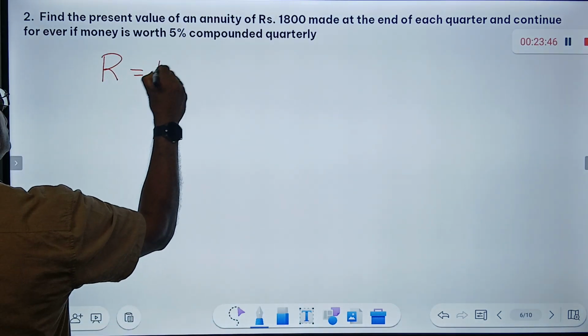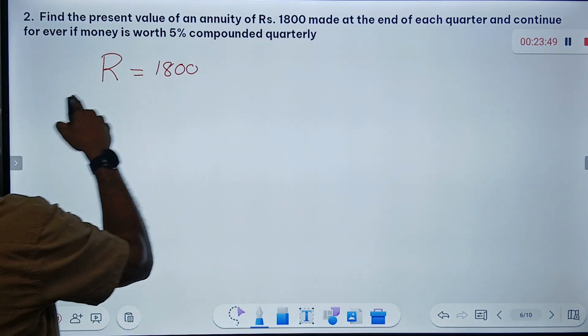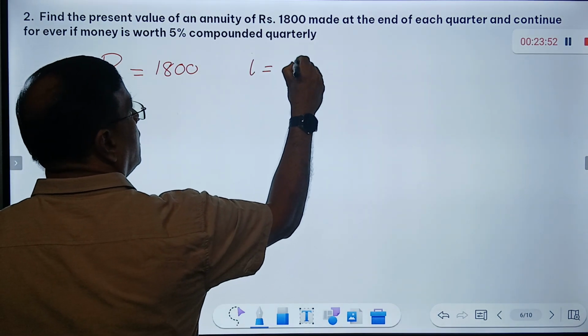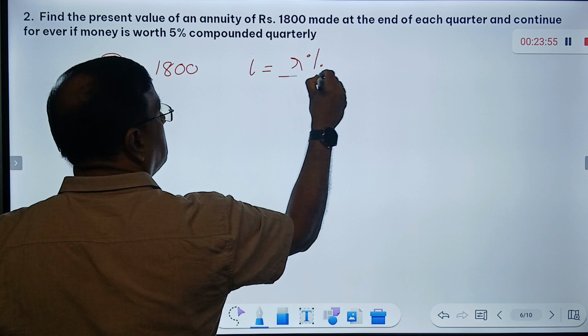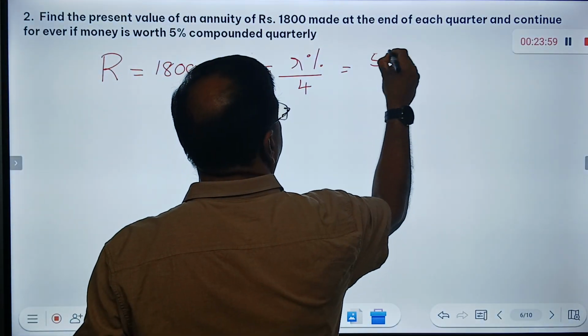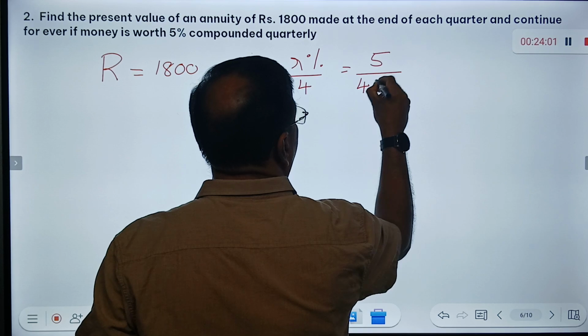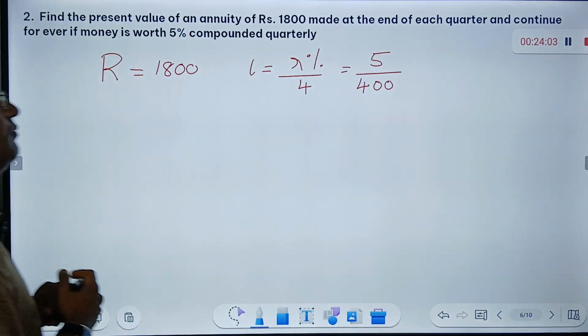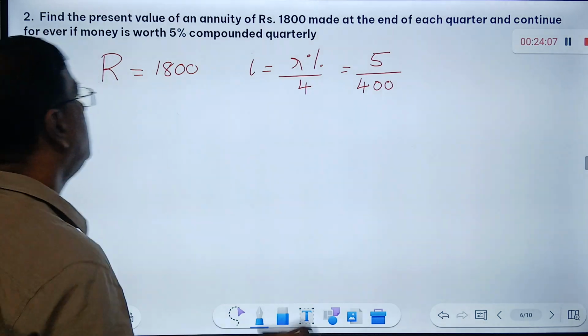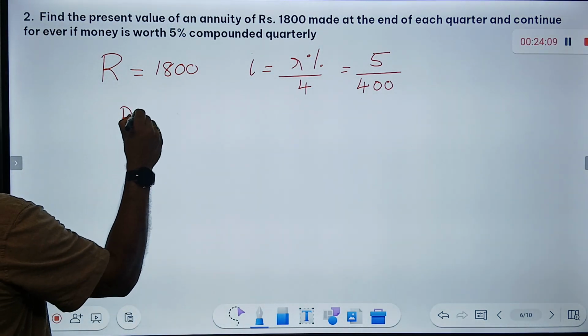Now what is the present value? R equal to 1,800. This is a periodic payment. Now what is the rate of interest? R% by 4. Now what is i? 5 by 400. Now don't do the calculation there, just leave it there. Now what formula should I use for present value?